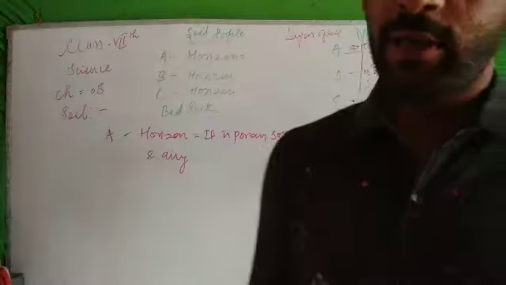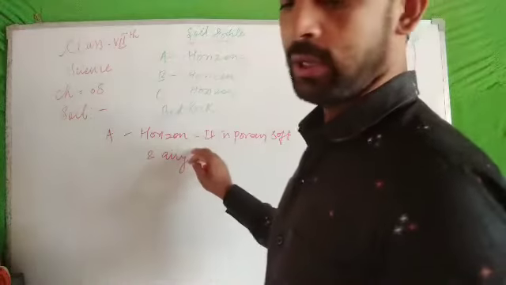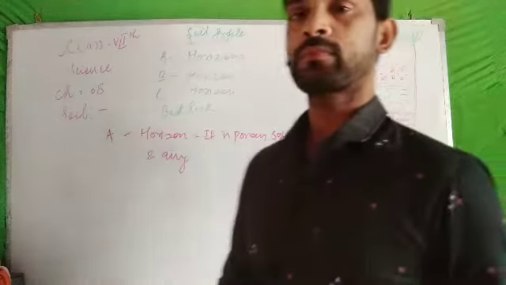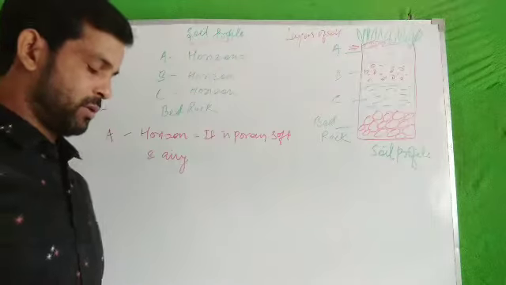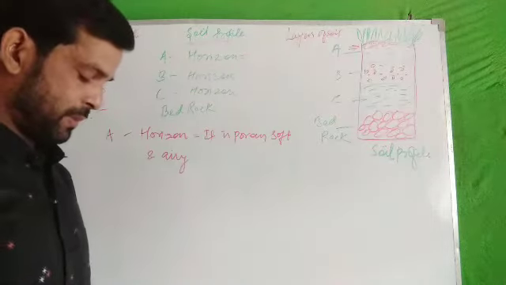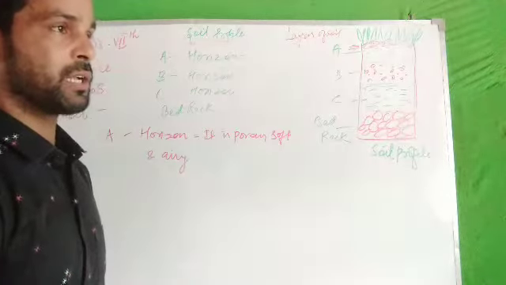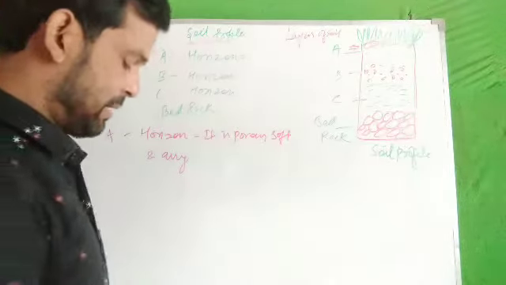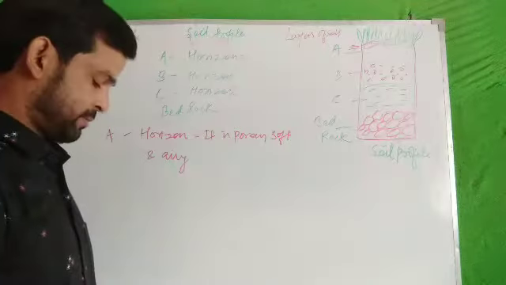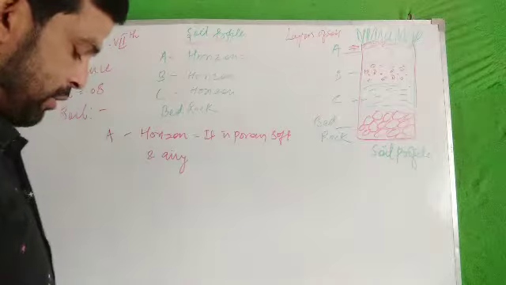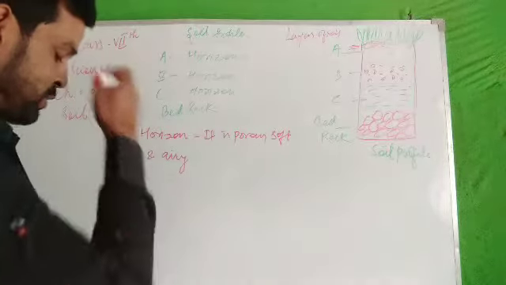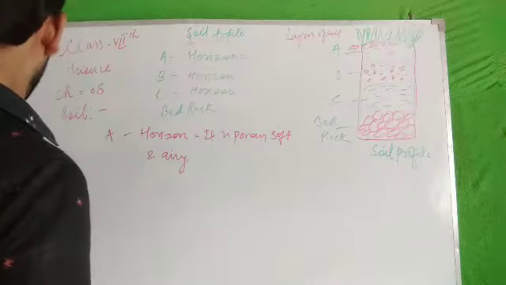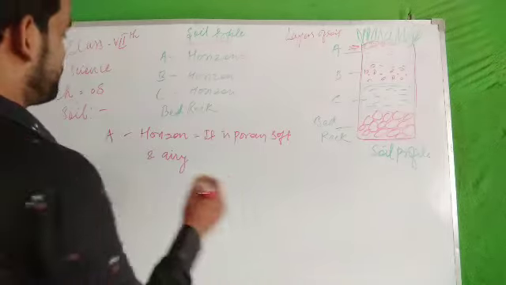In the case of A horizon, I have already told you that the A horizon, also called the topsoil, is the soft, porous layer which can absorb and hold more water.